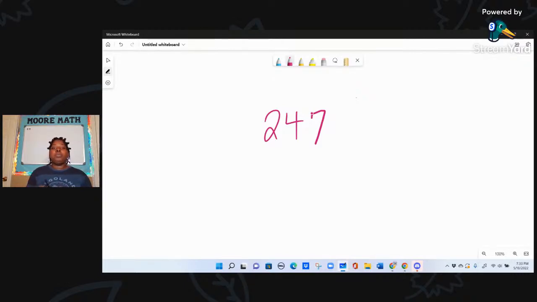So if we say round to the nearest hundreds place, here's the hundreds, this is 200. Here's the tens place, and here's the ones place. We have 4 tens, so that's 40. We have 7 ones, so that's just 7. And we have 200.